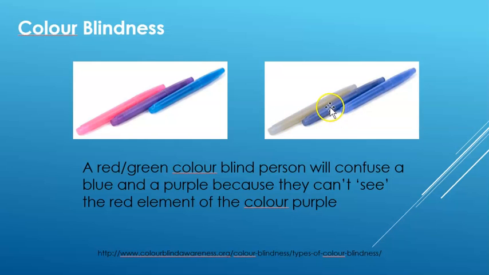That's because purple is a mixture of red and blue, and if they can't see red, then they're not going to be able to make this additive connection between the red in the purple being different than the blue in the purple and the blue pen.